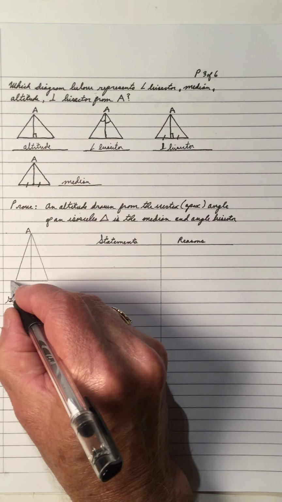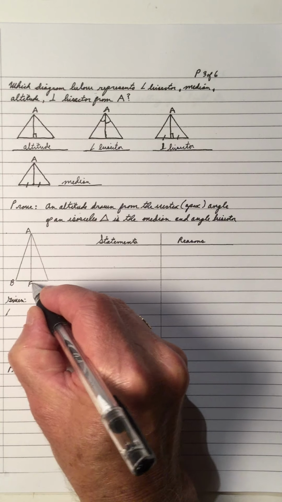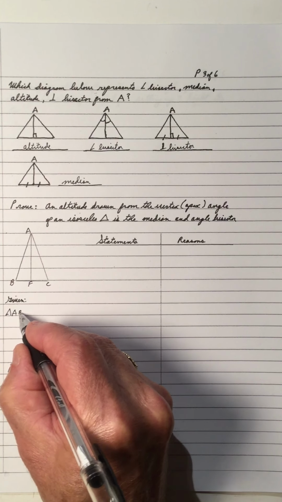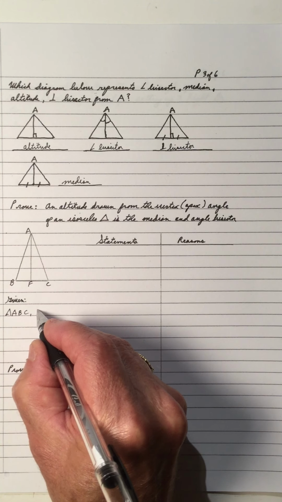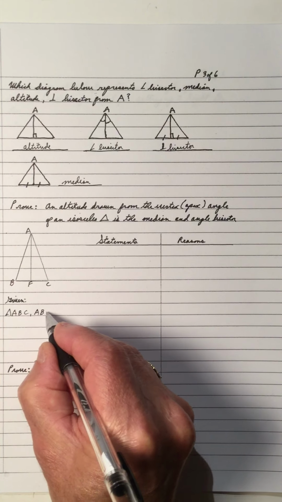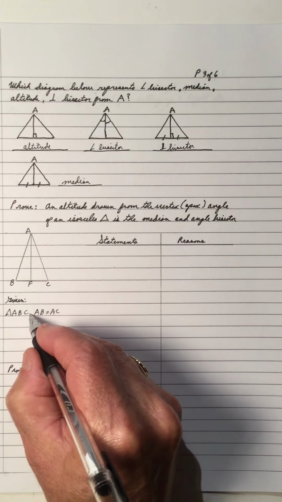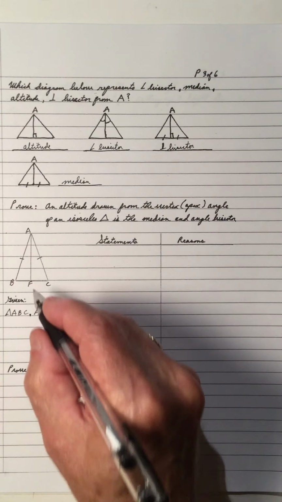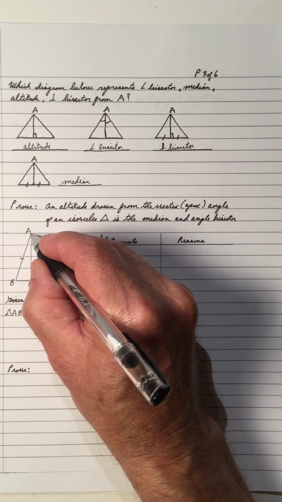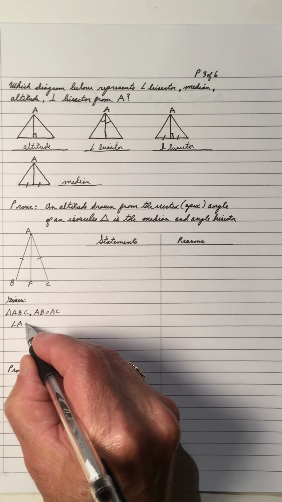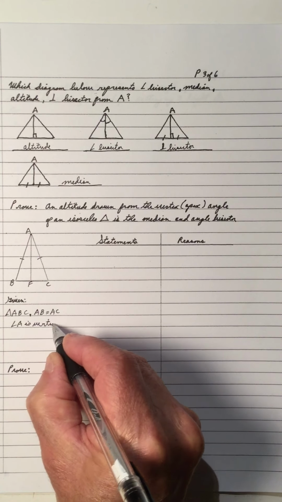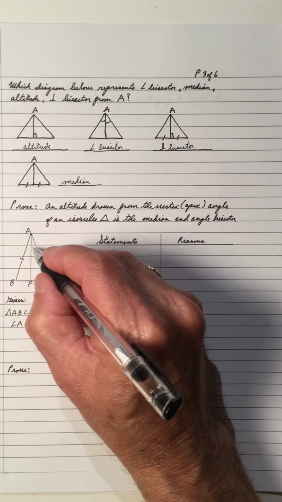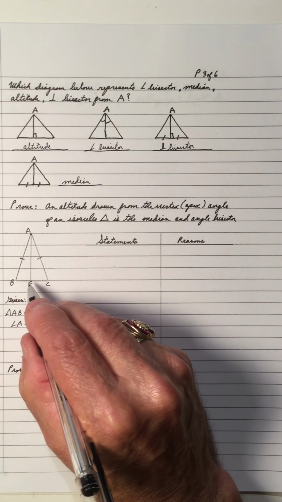Let's label the triangle as A, B, let's call it F, and C. So we're given a triangle ABC in which AB is equal to AC, because the triangle is isosceles, so we have to have two sides equal. That means that angle A is the vertex angle, or the apex angle. The vertex angle or the apex angle is the angle formed by the two congruent sides in an isosceles triangle.